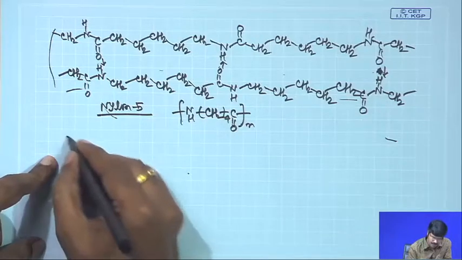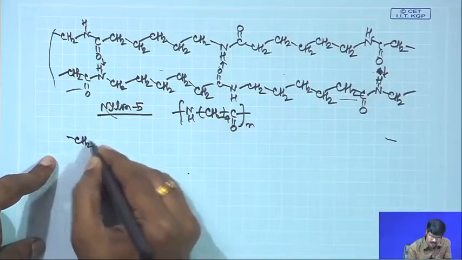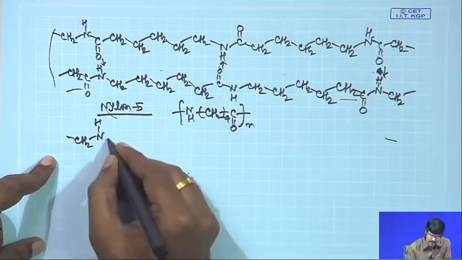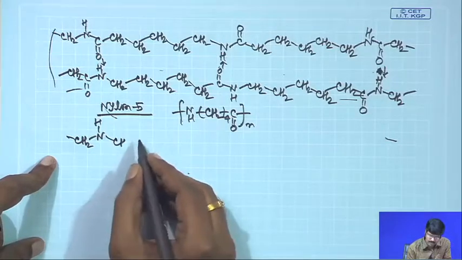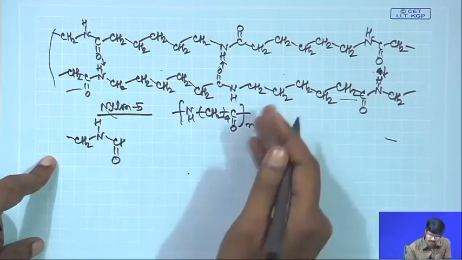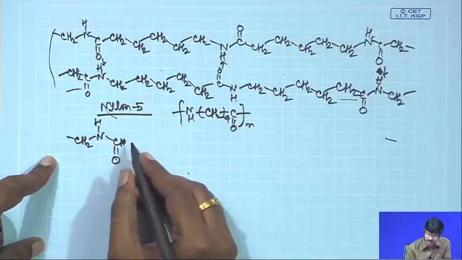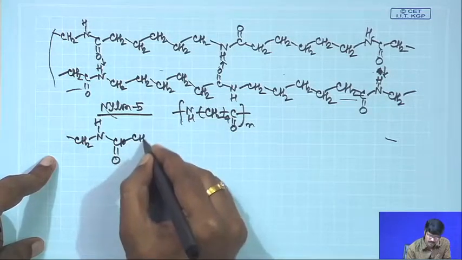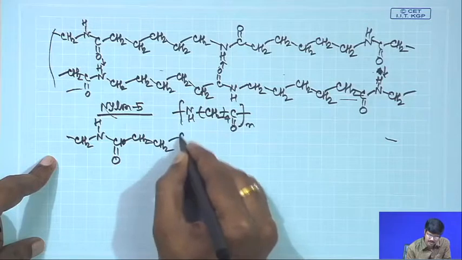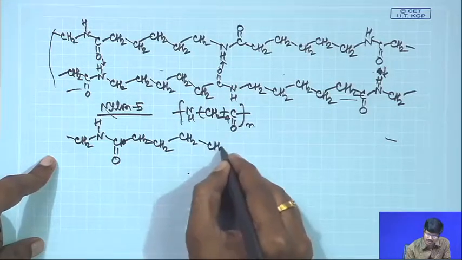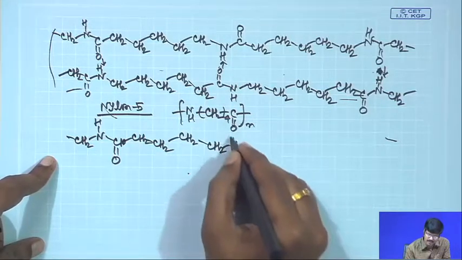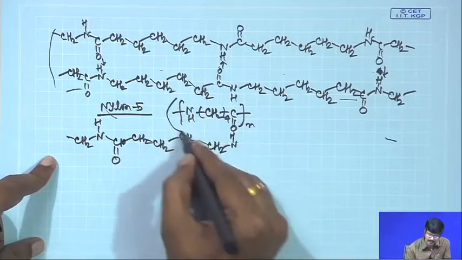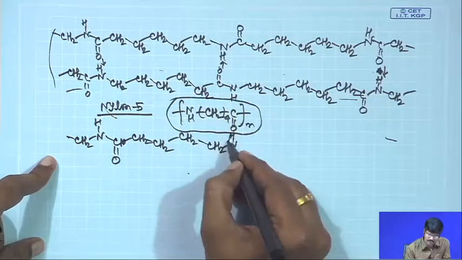So, what happens? Let us draw one layer like this: NH, and then you have 4. So, NHCO, I am coming like this, NHCO CH2 CH2 CH2 CH2, 4 CH2 units, and then an amide unit is there, NH. This is the structure.